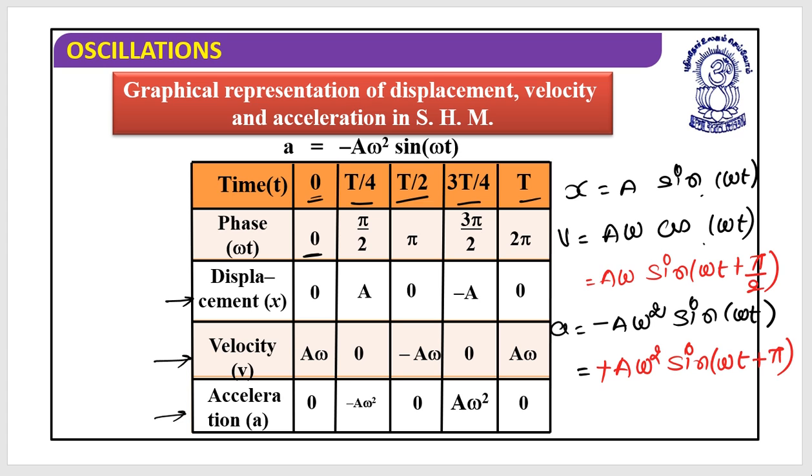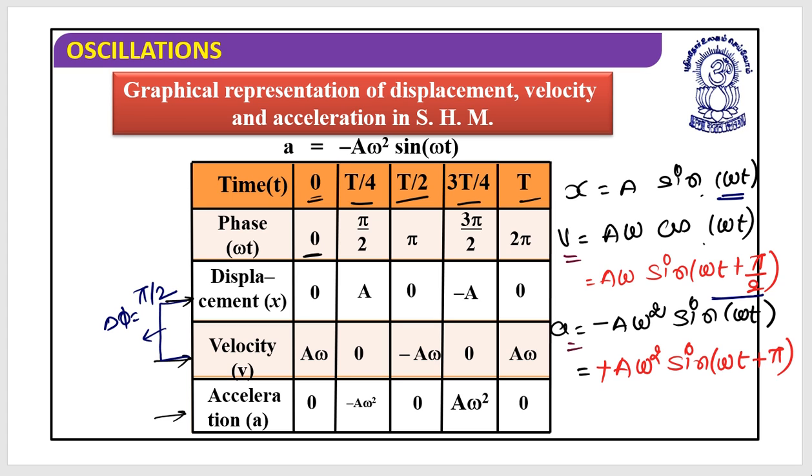So now I can compare the phase of these. Look at this: x equals a sine omega t, while v is sine omega t plus pi by 2. That means displacement and velocity have a phase difference of pi by 2, which is 90 degrees.